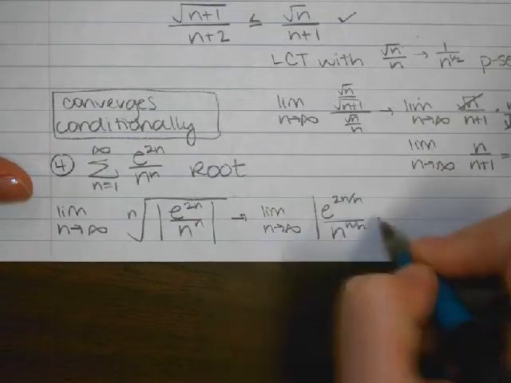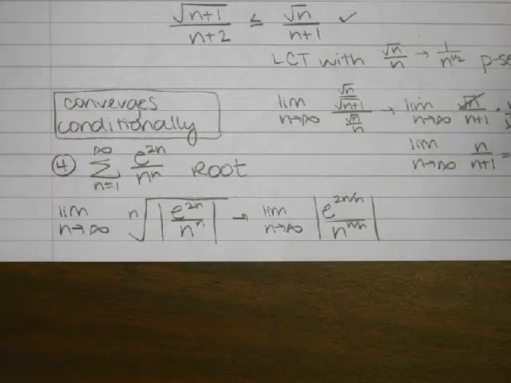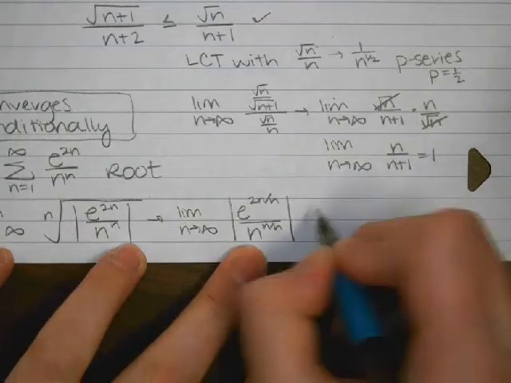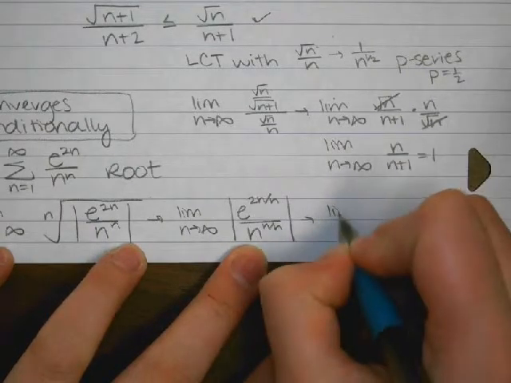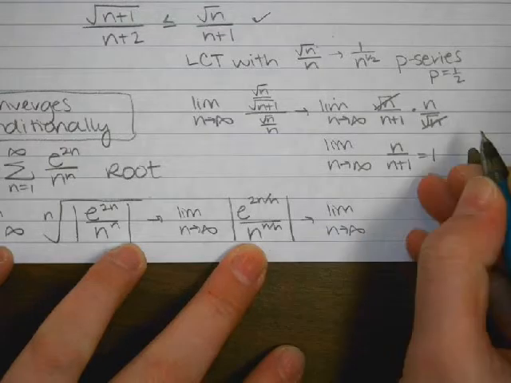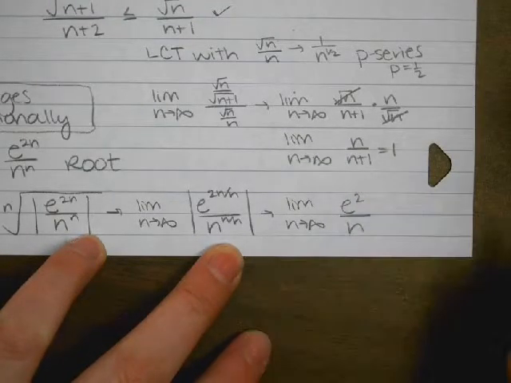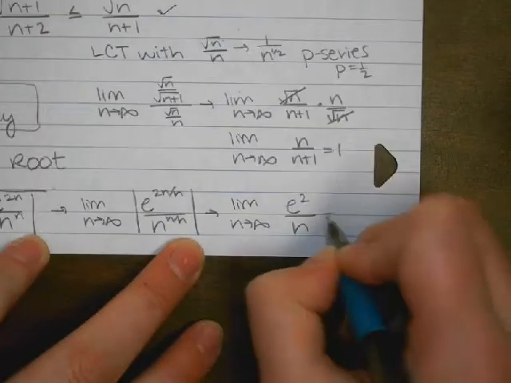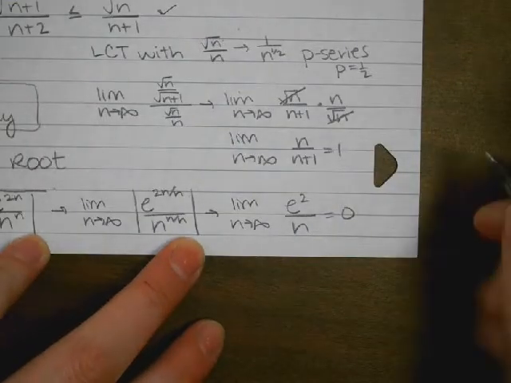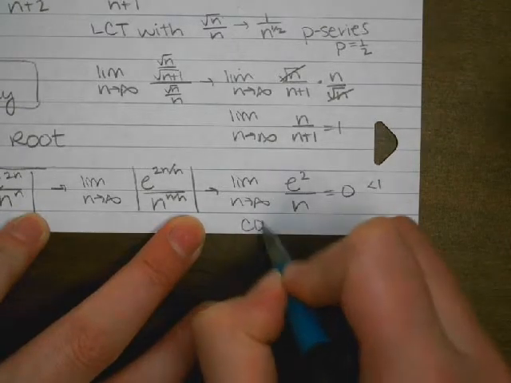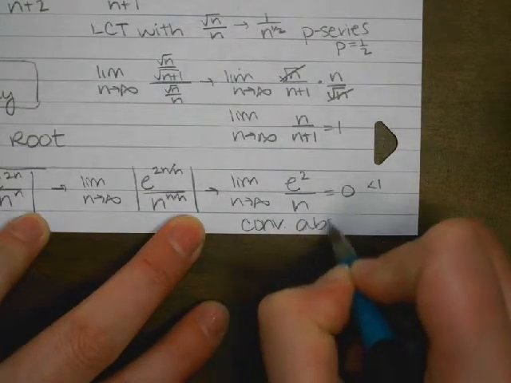So if you think about the way that your exponents work when you're converting back and forth between radicals and rational exponents, this is going to be the limit as n goes to infinity of e to the second power divided by n. And if I plug in infinity there, I'm going to get 0. And 0 is less than 1. And so my conclusion here is that this converges absolutely.